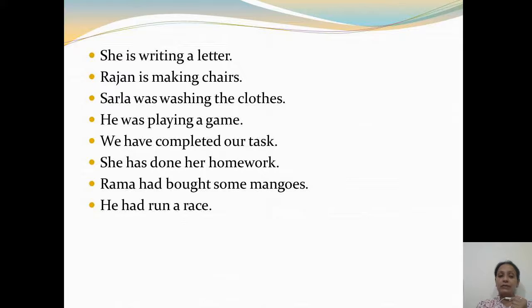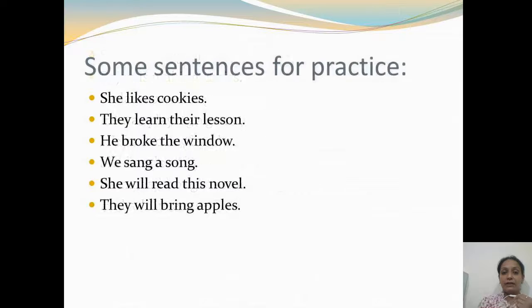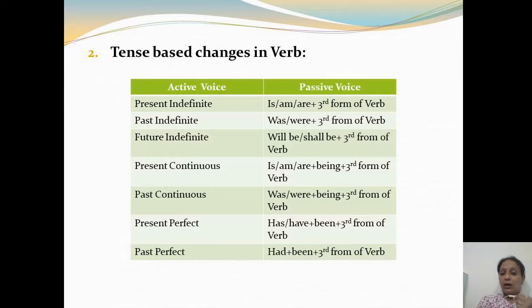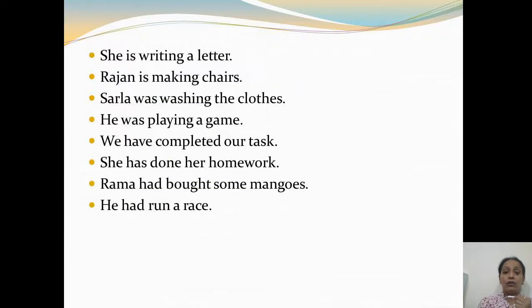Moving on to the next sentence. We have completed our task. Now this sentence belongs to the category of present perfect tense. In present perfect tense, we use has, have. In passive case, we use has, have plus been plus third form of verb, right? And over here the receiver of the action is our task.